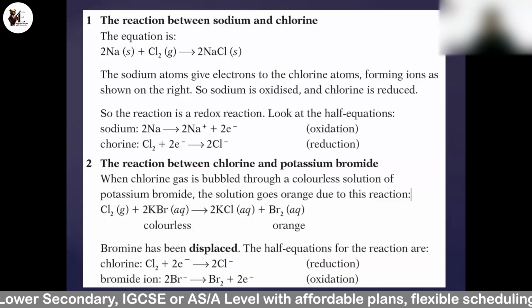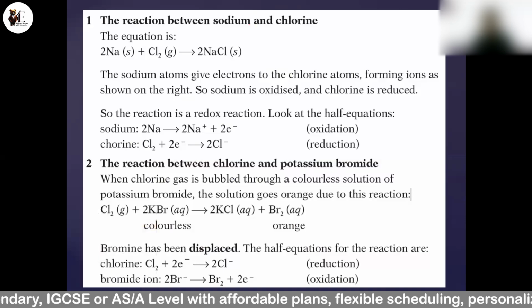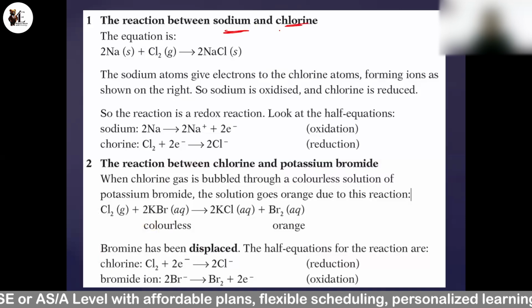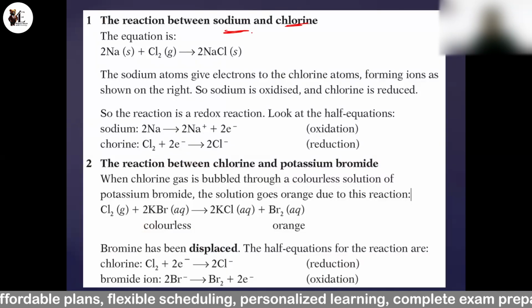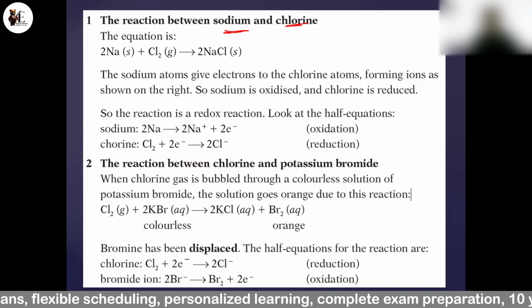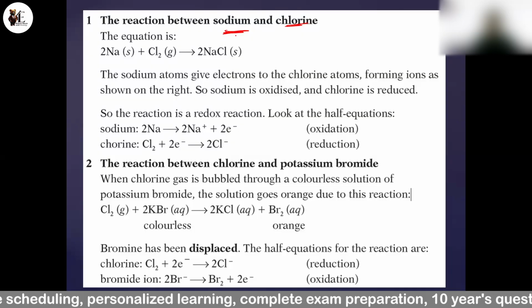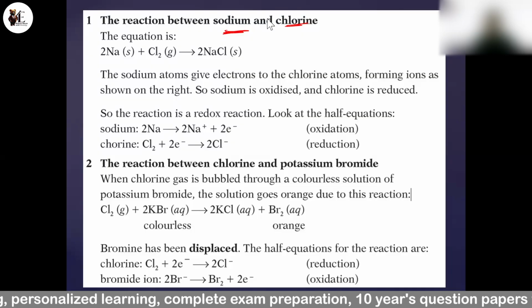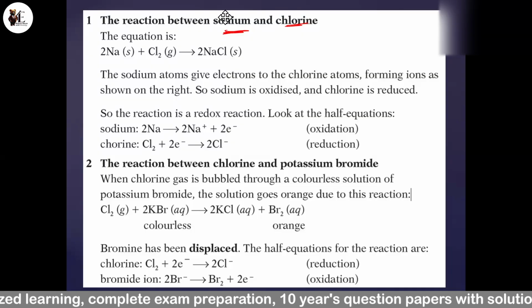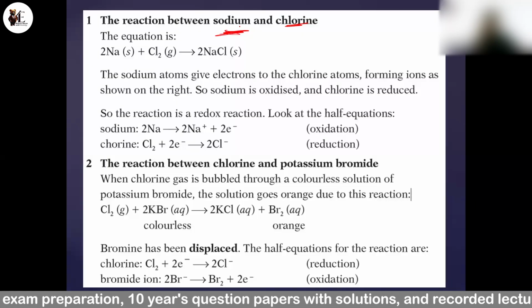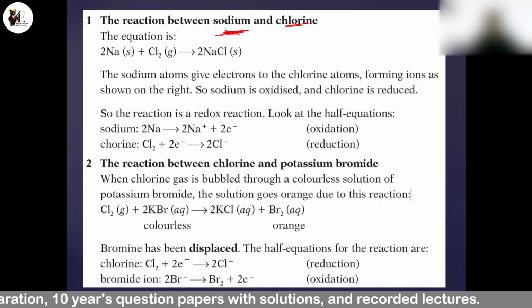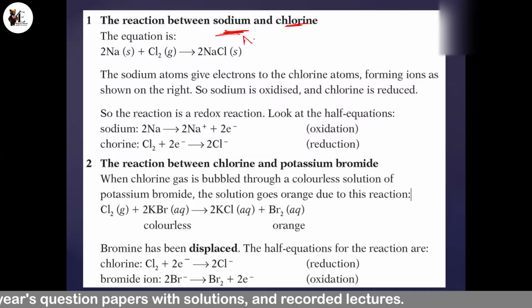For example, this is the reaction between sodium and chlorine. The chemical symbol for sodium is? Na, right?